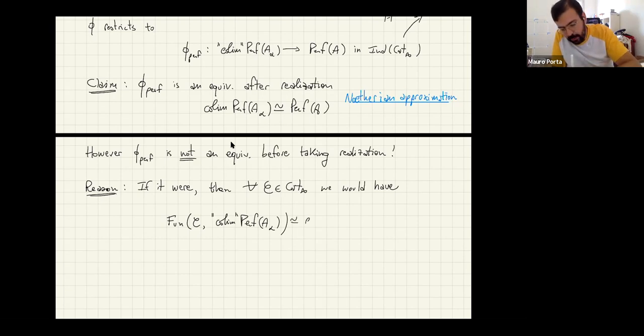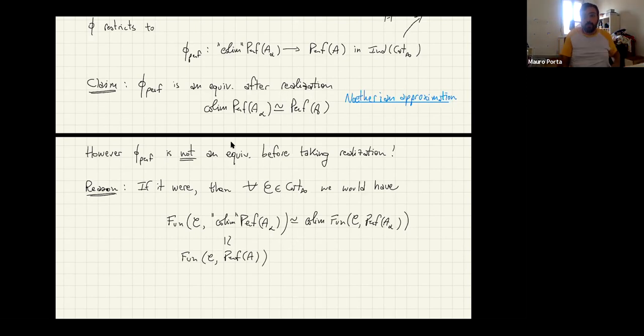So this is a colimit of functors from C to perf A alpha. But on the other hand, this would also be functors from C to perf A.